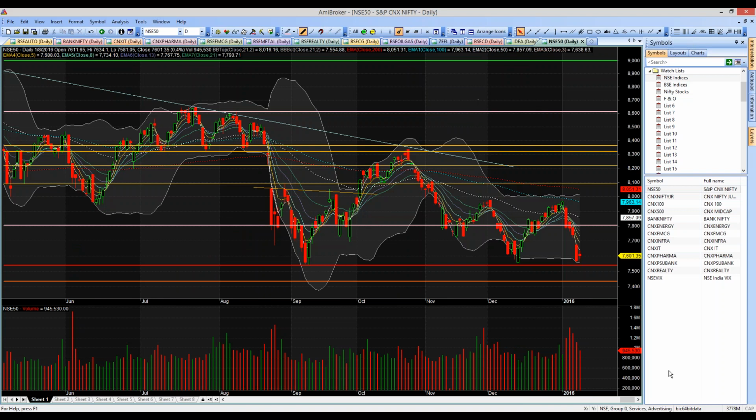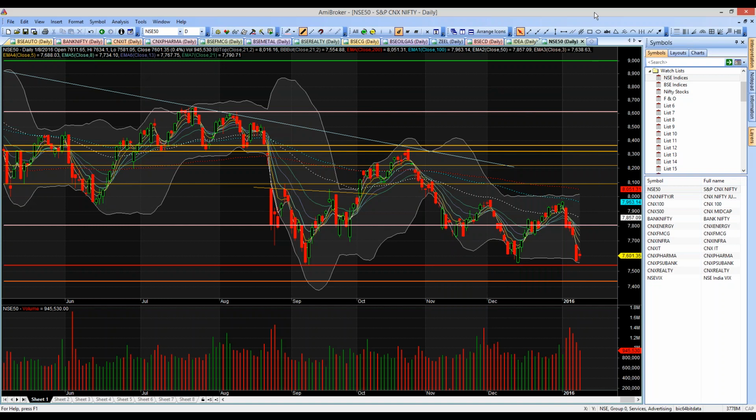I'm just switching to daily charts. The red, like I said, is the 200-day moving average, cyan is 100, and the white dotted line is the 50-day moving average. All the other ones that you see inside, which are not dotted lines but straight thin lines, are moving averages in Fibonacci numbers: 3, 5, 8, 13, and 21.